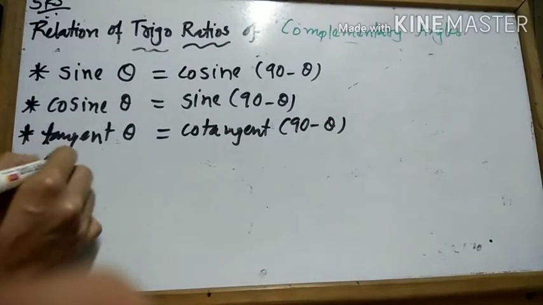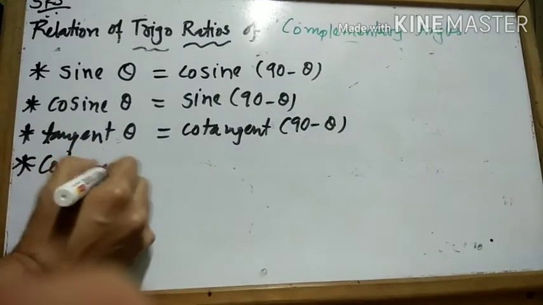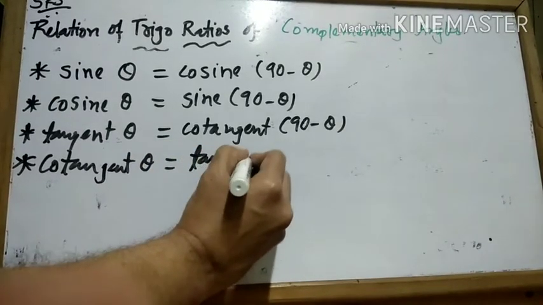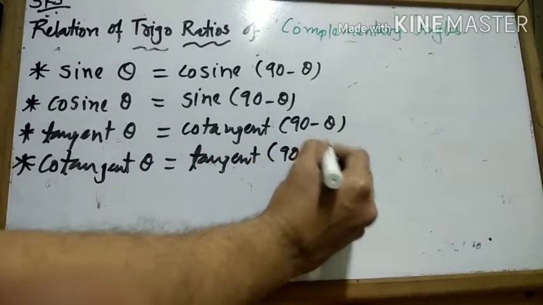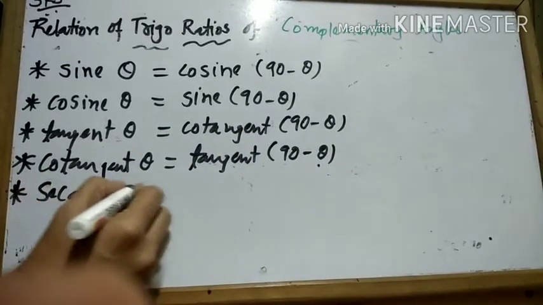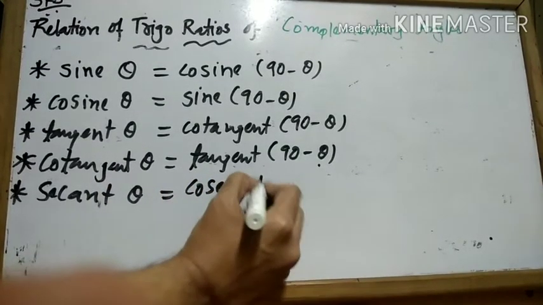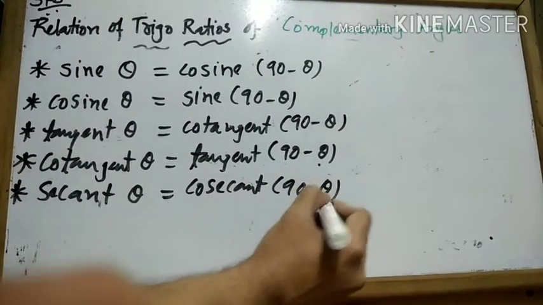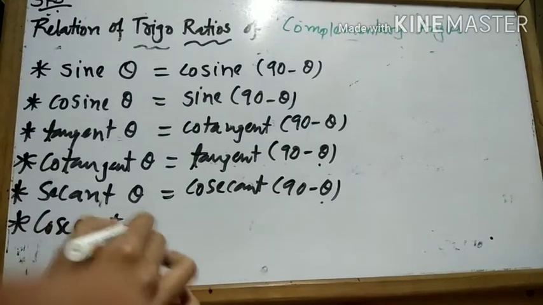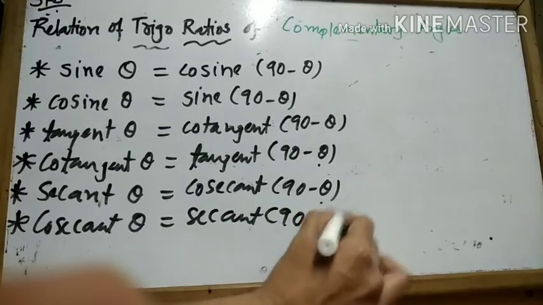Then we learned cotangent theta is equal to tangent 90 minus theta. Then we learned secant theta is equal to cosecant 90 minus theta. We learned cosecant theta is equal to secant 90 minus theta.